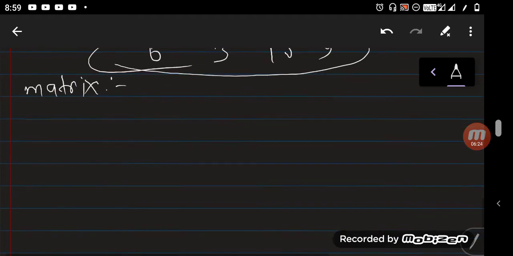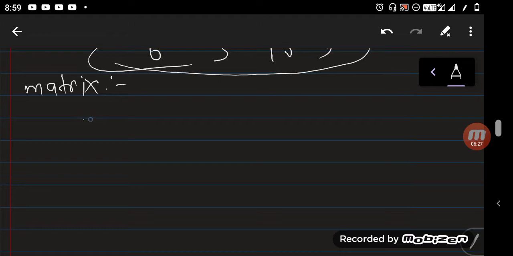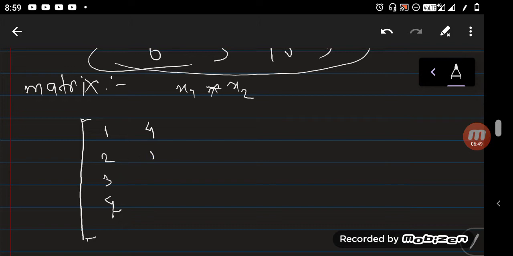What will you do in the matrix method? You write x1 of n, which is 1 2 3 4, since you are finding x1 convolved with x2. This time you rotate it: you write 4 on the top in the next column, and then again 1 2 3.